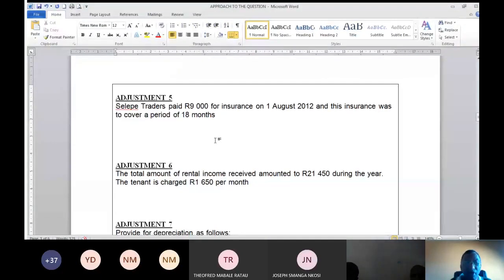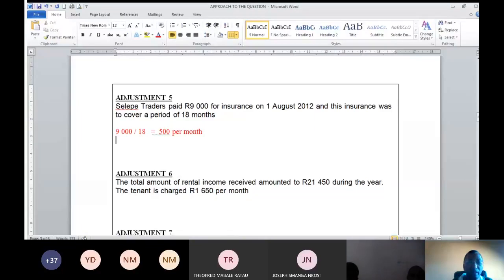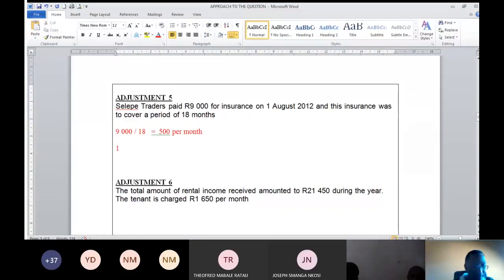So we paid for 18 months. So you take the 9,000 rand, divide that now by 18 months, and you actually pay 500 rand per month. But you paid it on the 1st of August in the year 2012.